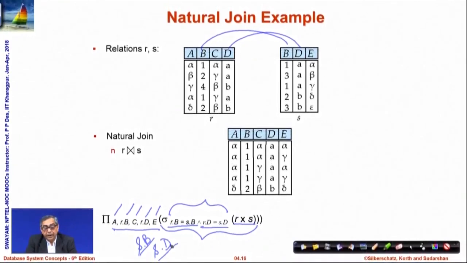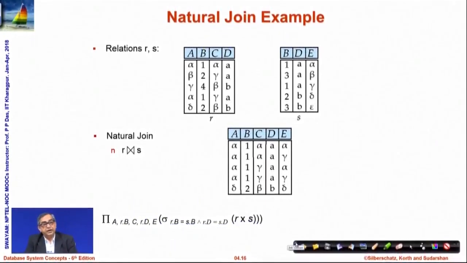So, you can say that if I now do a projection on A B C D, I will get a subset of R. If I do a projection on B D E, I will get a subset of S. So, this is the natural join operation in relational algebra.